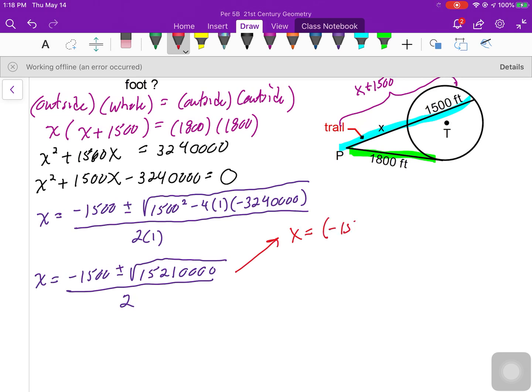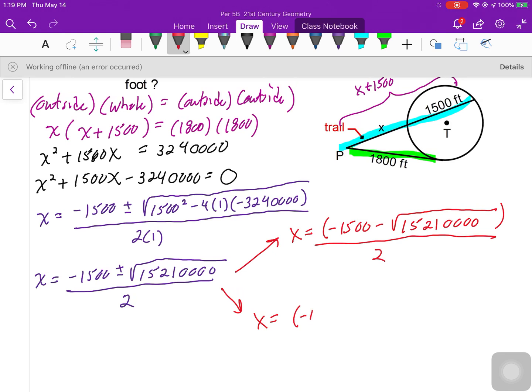As we've seen many times, this now is split into two possibilities. One uses the negative. Don't forget to put a parenthesis around the entire top. And the other uses the positive.